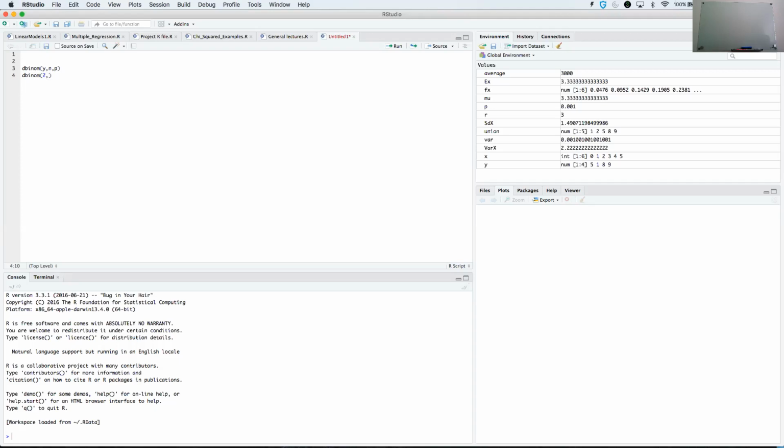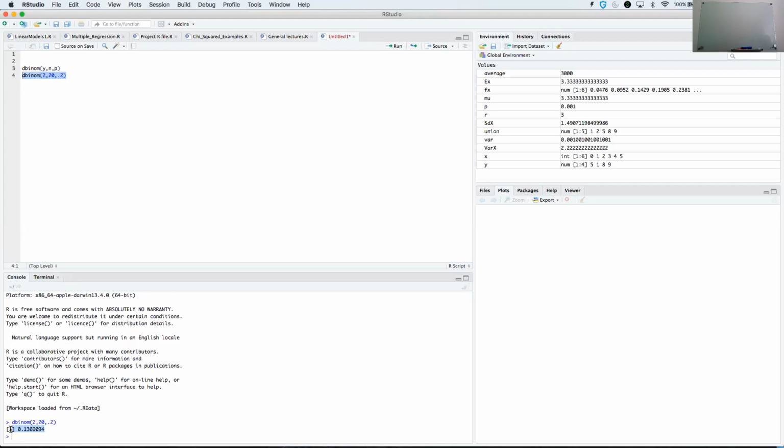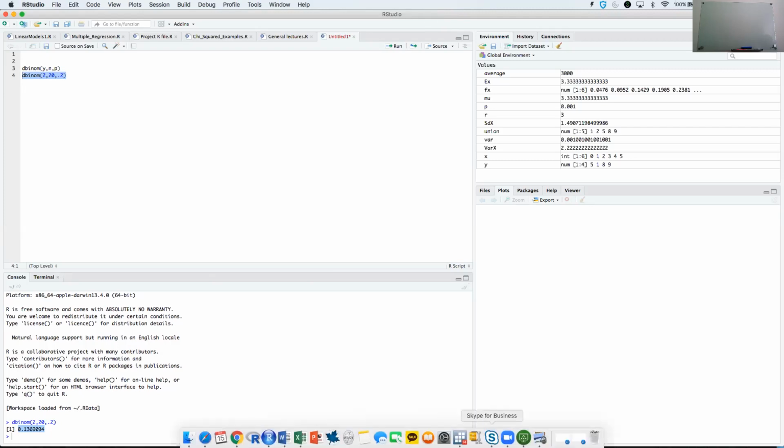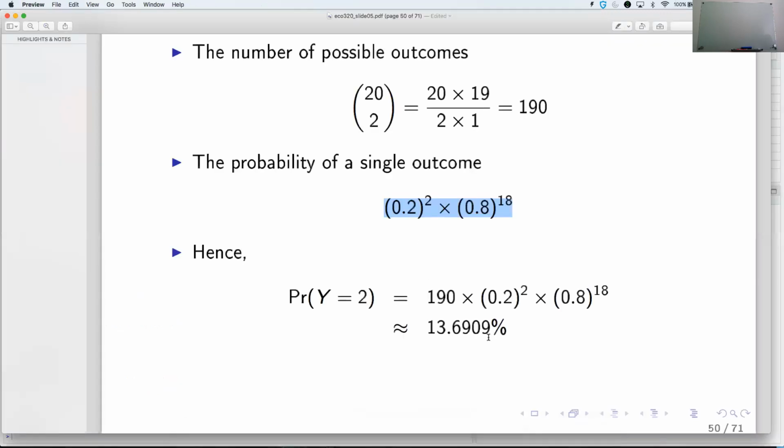How many observations did we have? 20. I mean, how many questions did you have? 20. What's the probability? That's 0.2. So you highlight it and run. Here we go. You get 0.1369094, which was basically our slide.